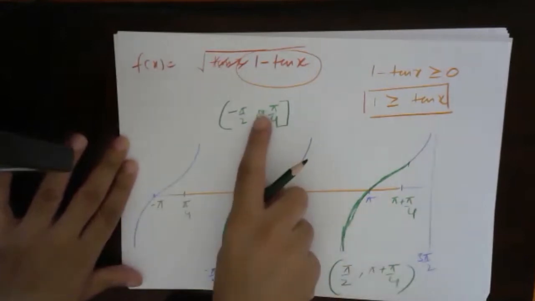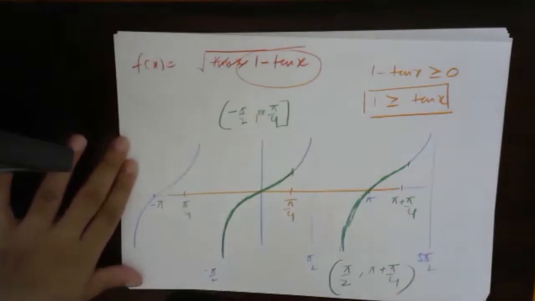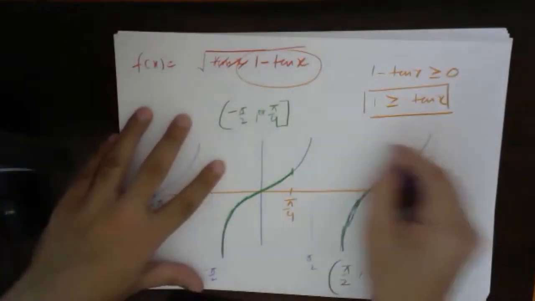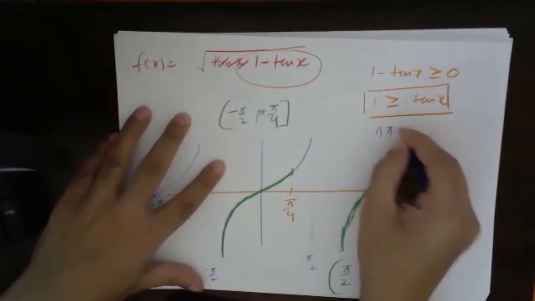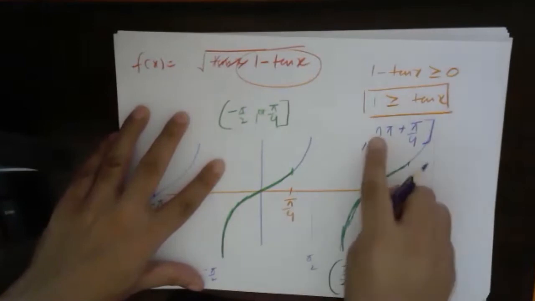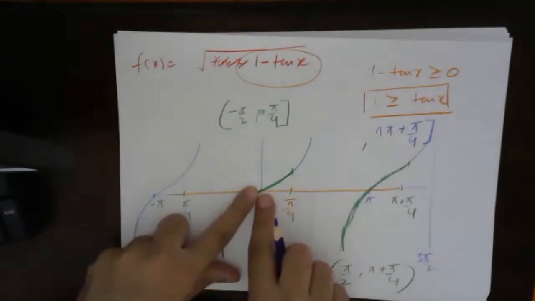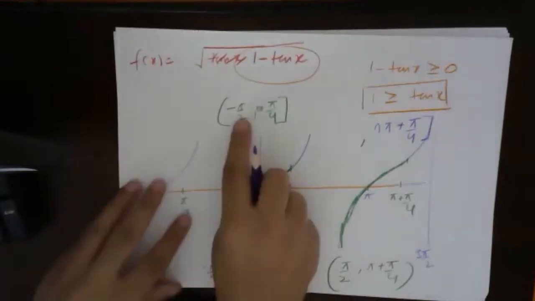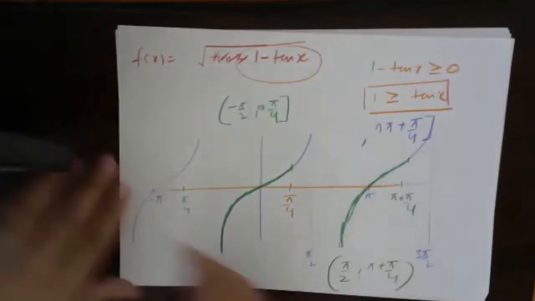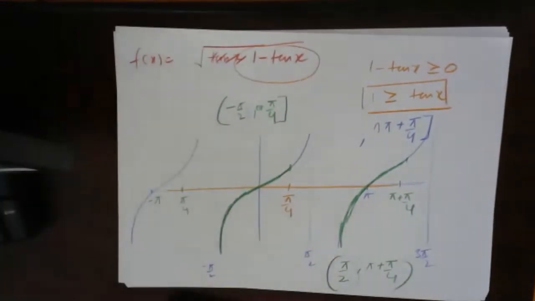So this part I can simply write combined as n pi plus pi by 4 included, right? N pi plus pi by 4, right? Now suppose for the first part, we know that this part will be an odd multiple of pi by 2. We know this previous one will be an odd multiple of pi by 2, right?